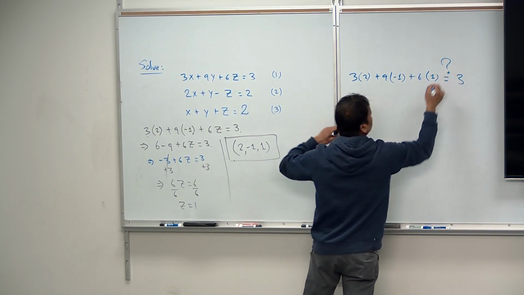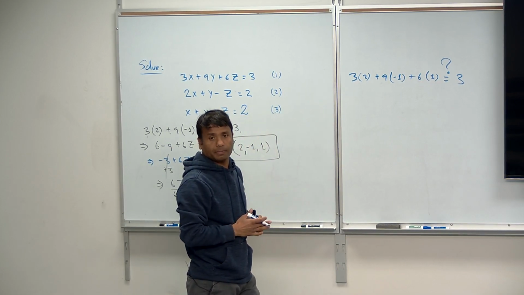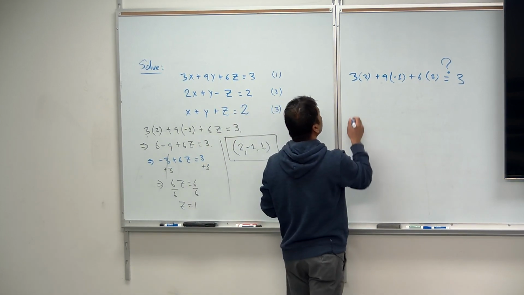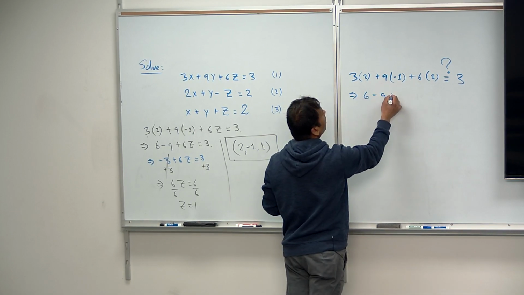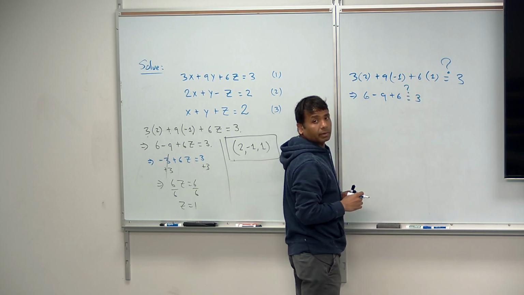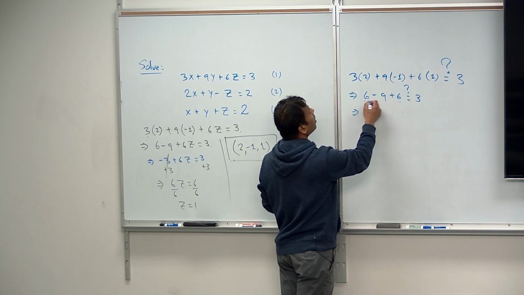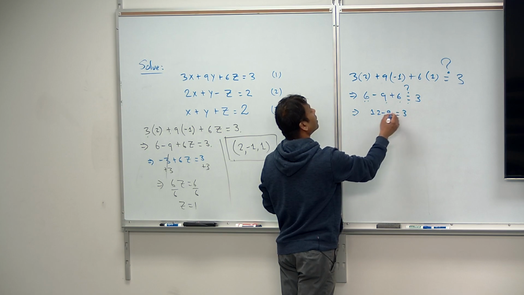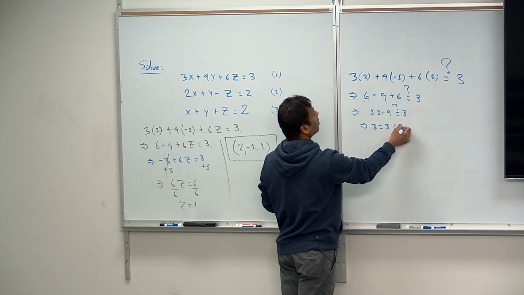Is that true? So what is 3 times 2? 6. And this is -9 plus 6 equals 3. Is that true? So 6 plus 6 is 12, 12 minus 9 is 3. You see, this is 3 equals 3, so this is true.